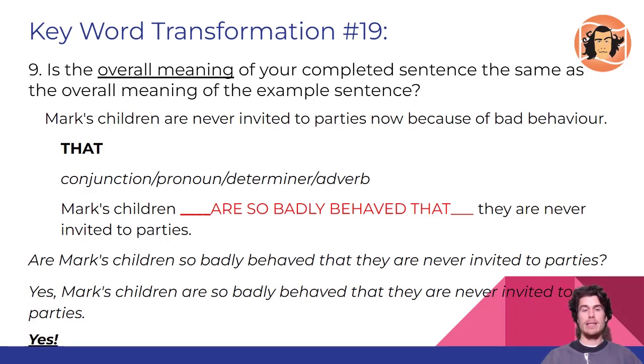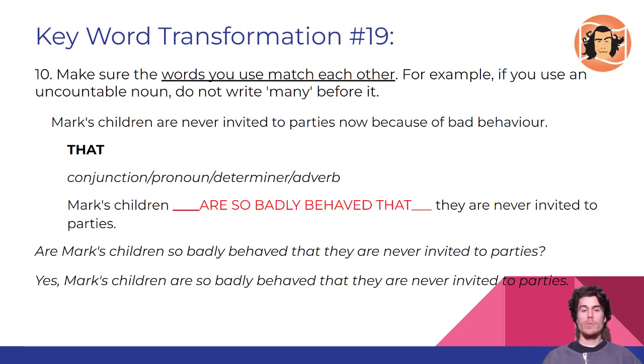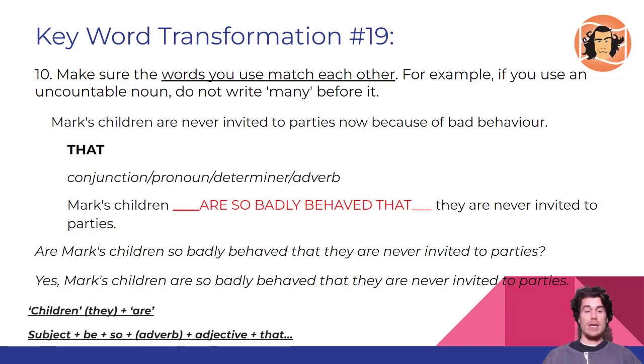So finally, step 10, do the words we're using match each other? So we have children, and children is plural, so we should say are afterwards in this circumstance and not is, so that's correct. And we often say so, and then an adverb, possibly, and an adjective, and then that with a clause after it.